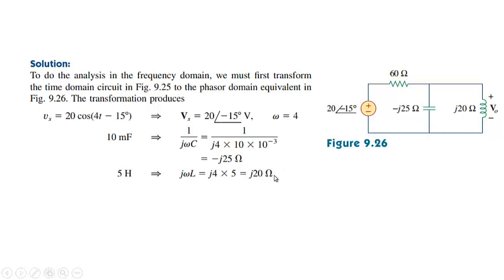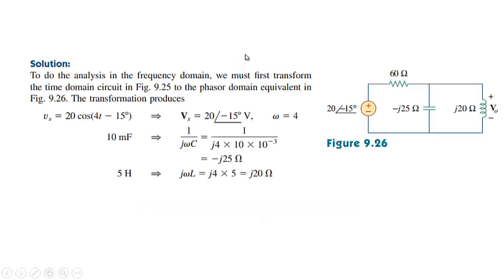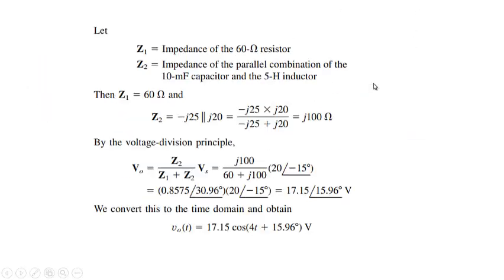So when it is in the phasor form or frequency domain, it is now easy to calculate. Let us say Z1 is the impedance of the 60 ohm resistor, and Z2 is the impedance of the parallel combination of the 10 millifarad capacitance and the 5 Henry inductor.